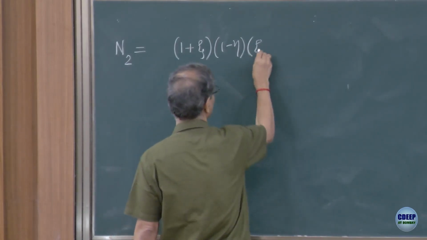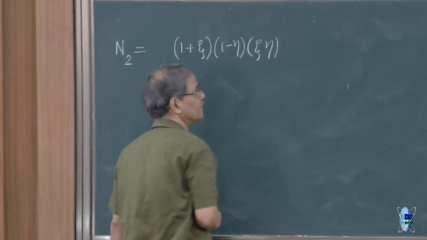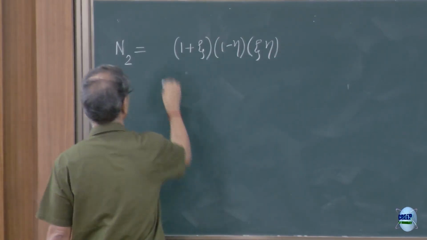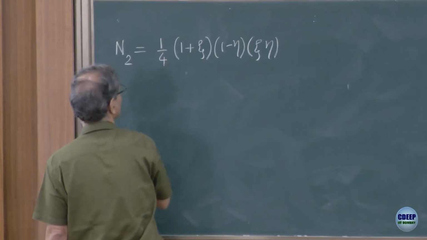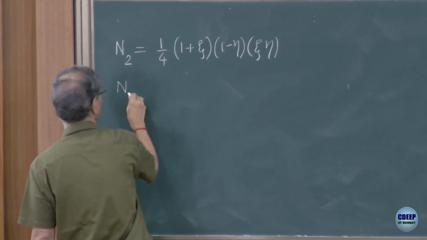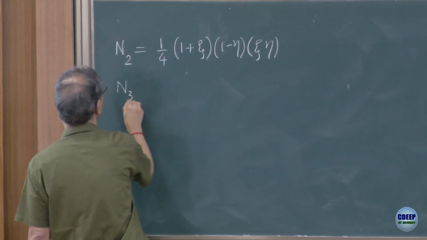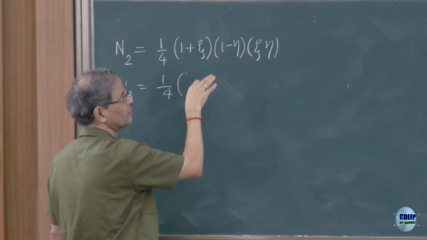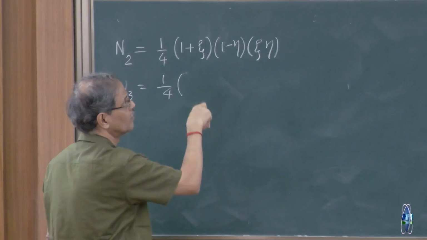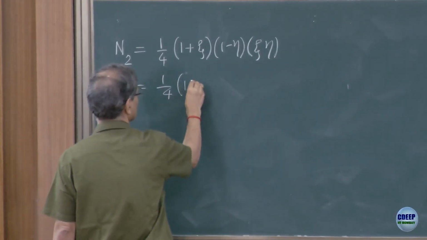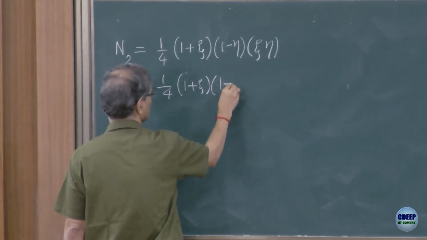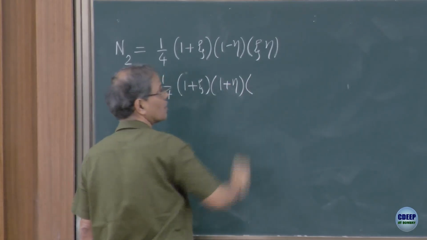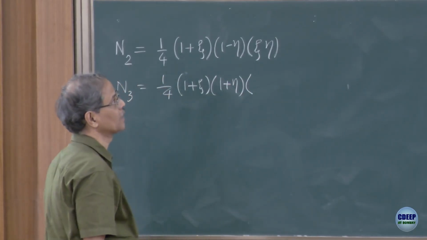let me take theta eta, then it would be N6 will be N2, N3 I want, N3, so it would be 1 plus correct.